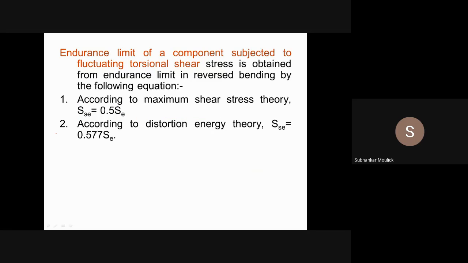Secondly, the same component can be designed for fatigue by the distortion energy theory of failure also.